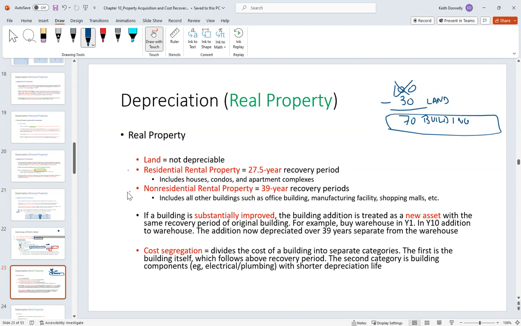If it's residential property, like an apartment building that we buy to rent out, 27.5 year. If it's non-residential, like a warehouse or our office building, 39-year recovery period. Okay.